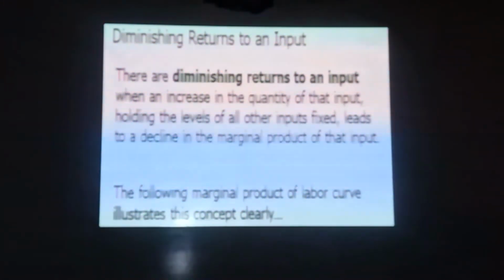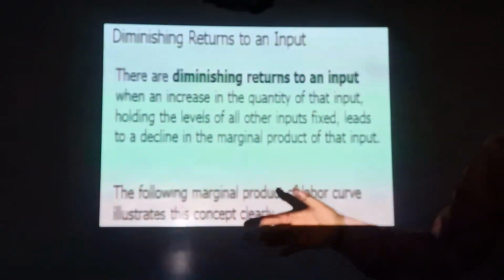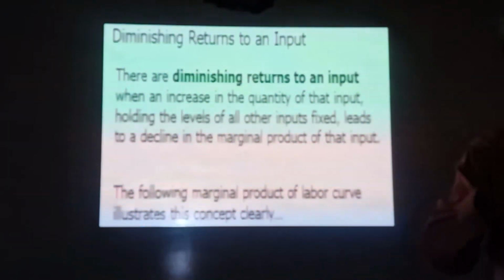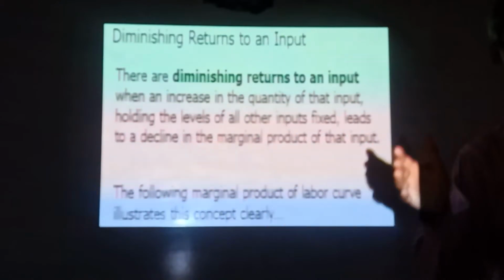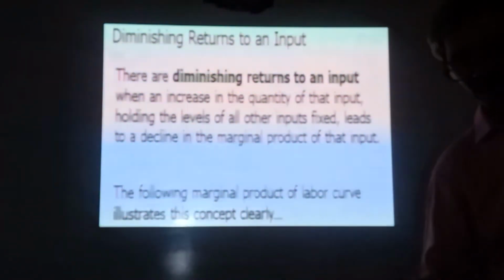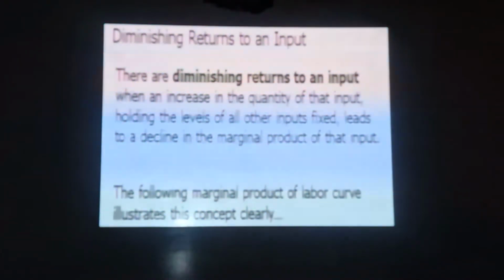When we apply more of the variable input, the output we get from that added input will be less than the previous input. Suppose when we add one laborer, that one laborer is producing 10 markers per hour or 10 markers per day on a particular machine or in a particular type of environment.